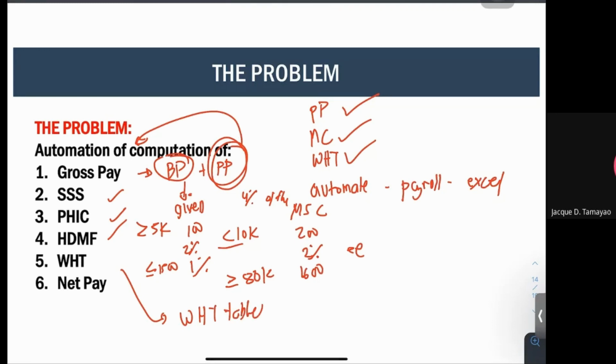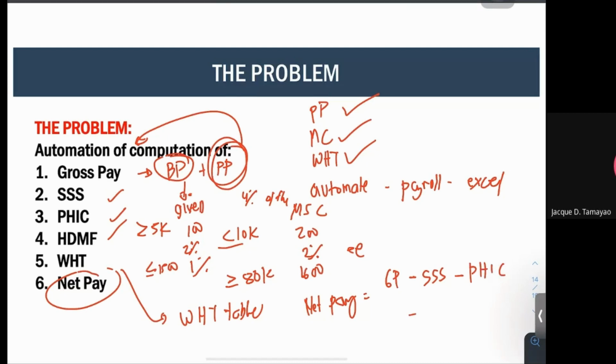And we can already go with your net pay. So how do we get your net pay? Your net pay, we said, is equal to your gross pay less SSS less PhilHealth less HDMF less withholding tax.